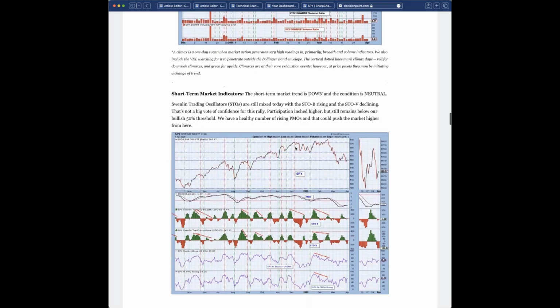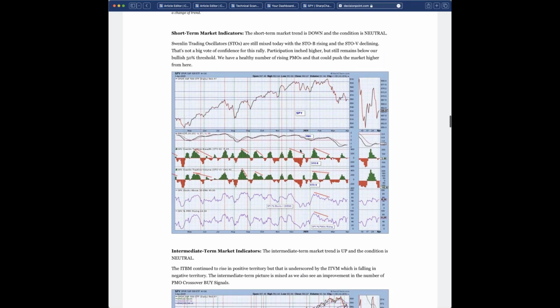Here are our Swenlin Trading Oscillators. And currently the Swenlin Trading Oscillator for breadth is rising. It's not rising just yet for the STOV. So the readings are mixed. That's part of the reason I have trepidation about this market, because I don't have full confirmation from my Swenlin Trading Oscillators.